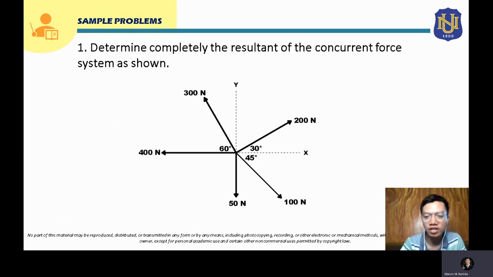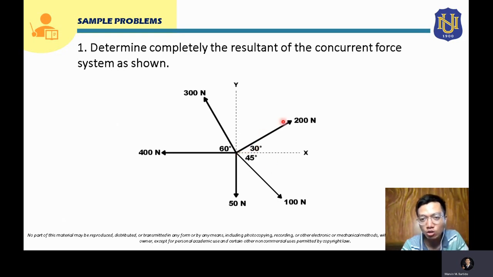The question here is, determine completely the resultant of the concurrent force system as shown. The concurrent force system shown here is composed of 1, 2, 3, 4, 5 forces. So we cannot use the triangle law for this because this is already three or more concurrent forces. So we're going to solve this using the component method.